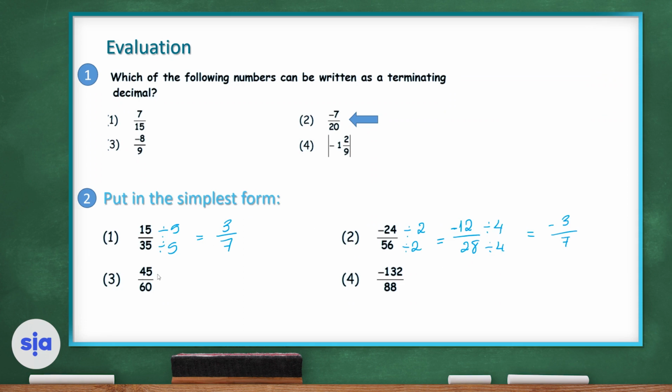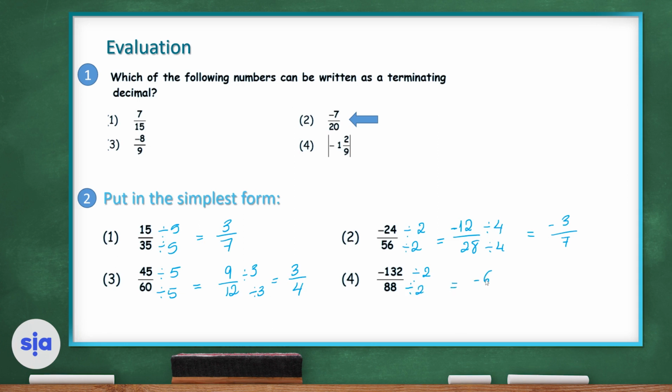Question 3, yes, excellent. They both can be divided by 15. But if you did not get it, let's start by the 5 first. So it's 9 over 12. Then they both can be divided by 3. So it's 3 over 4. The last one, they both can be divided by 2.